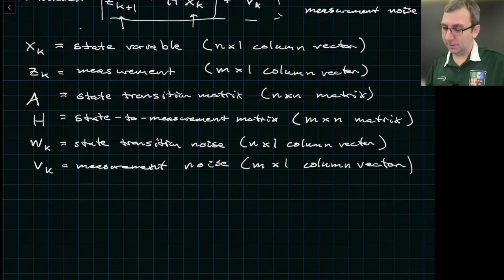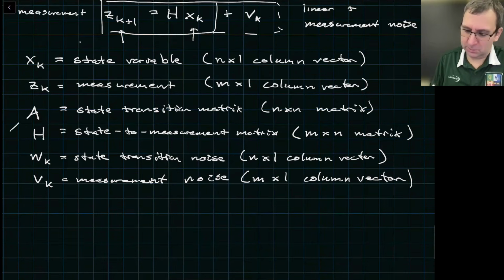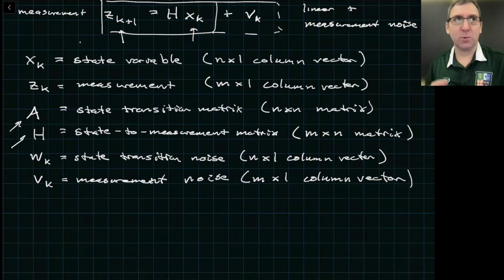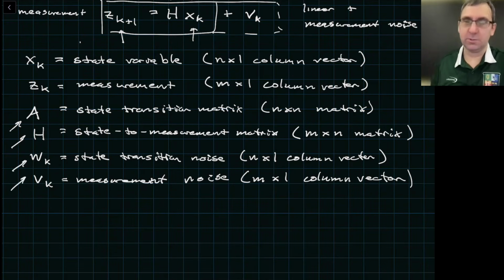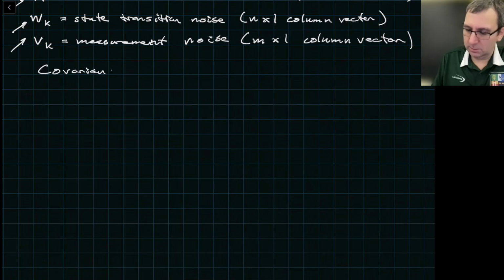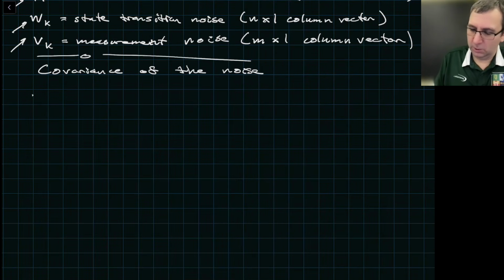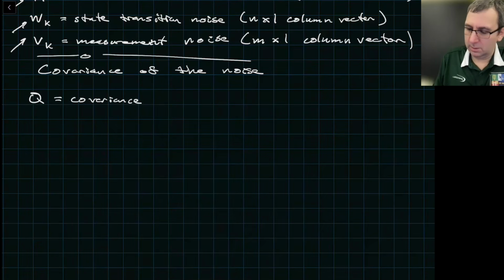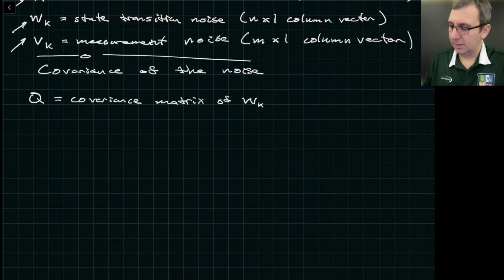Before we do that, we've mentioned two of these matrices, A and H, but what about Q and R? Q and R are related to the two noise terms, the covariance of the noise. Q is the covariance matrix of w_k, and this is an n by n diagonal matrix.